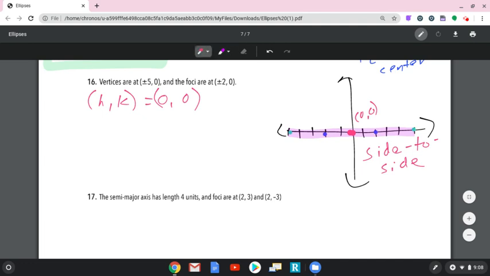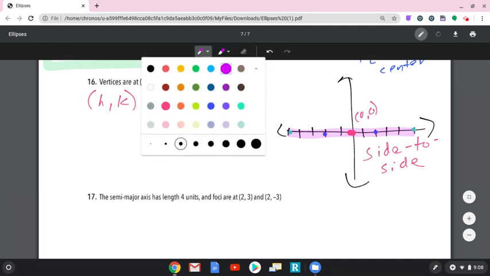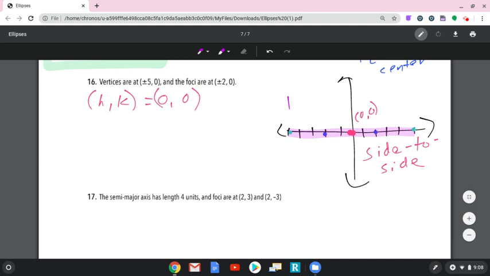This whole thing right here, my major axis, this whole major axis is equivalent to 2A. That is always the length of your major axis, 2A. So if I look at that, the distance between my 2 vertices on that major axis would be 10. So I know 2A would equal 10. That's my major axis. A would be your semi-major axis, which would be half of it. So A would be equivalent to 5.